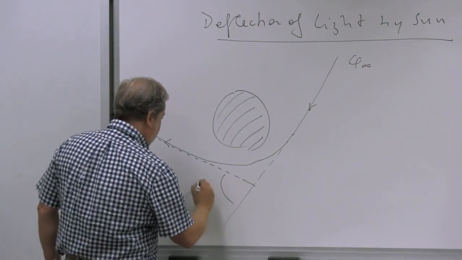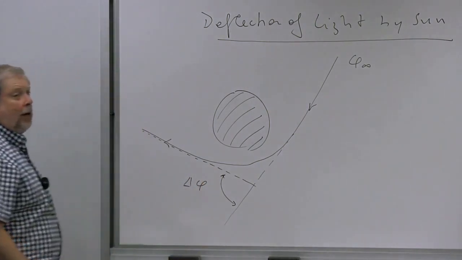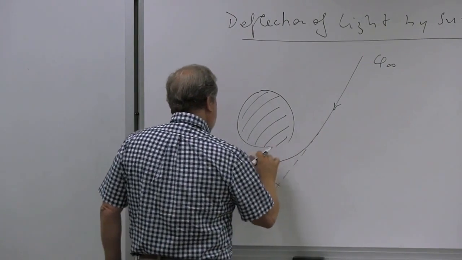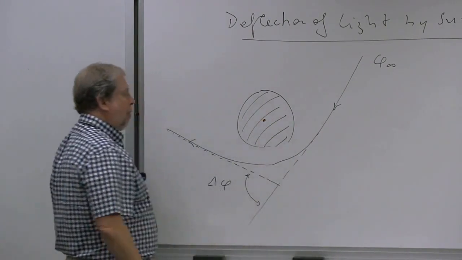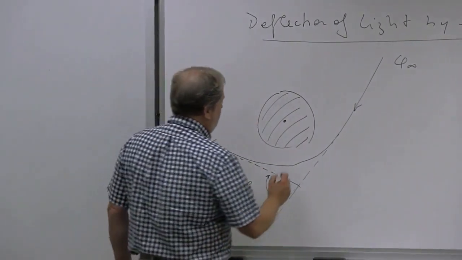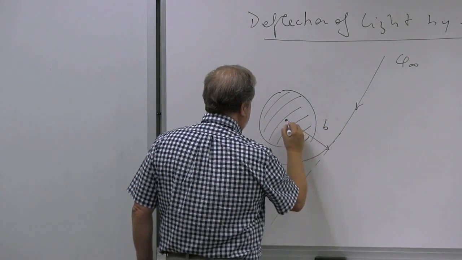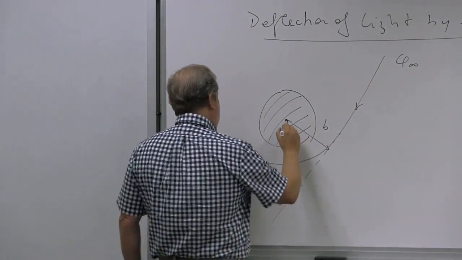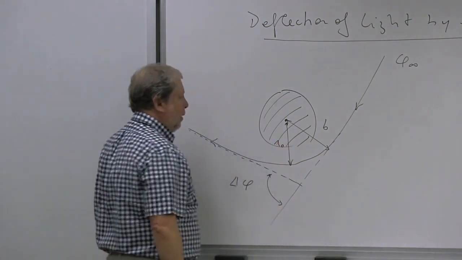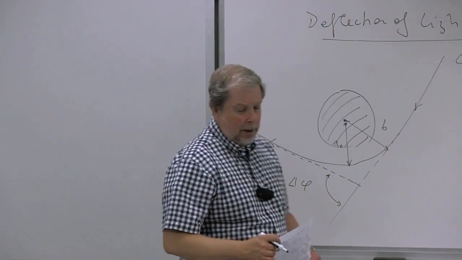And so this angle is what we would describe as delta phi. In order to describe the amount of deflection, there are certain quantities that should be introduced here. One is usually the impact parameter b, which is this distance, or the distance of closest approach, which is this r naught. And the two, of course, are very close to each other, almost the same number.